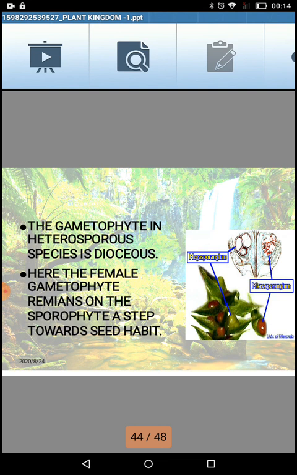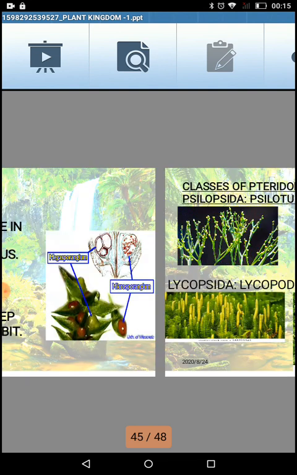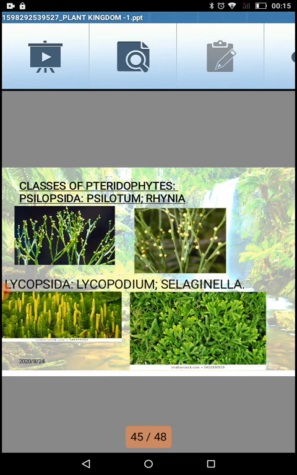A kind of a precursor for the seed developing process in the higher plants, other categories after pteridophytes, which we will be studying further. These are some of the classes of pteridophytes: Psilopsida, Lycopsida.